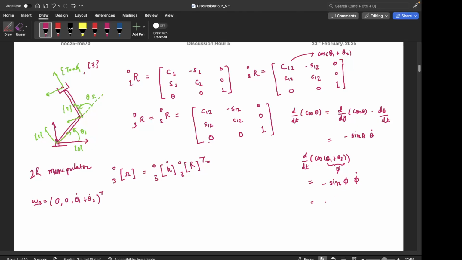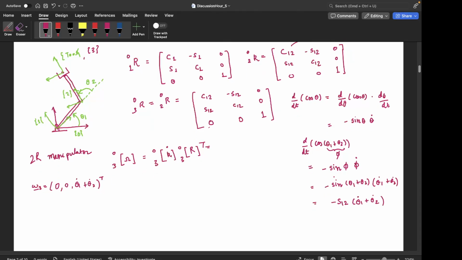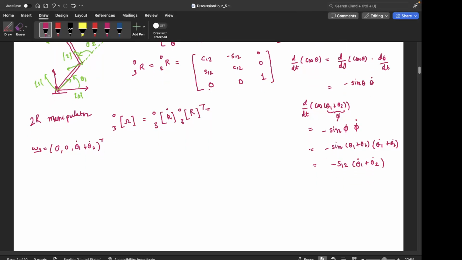And this will be minus sine of theta 1 plus theta 2, and phi dot is theta 1 dot plus theta 2 dot. So this is minus s12 times theta 1 dot plus theta 2 dot, right? This is how we will take the derivative of the terms in the rotation matrix R03.